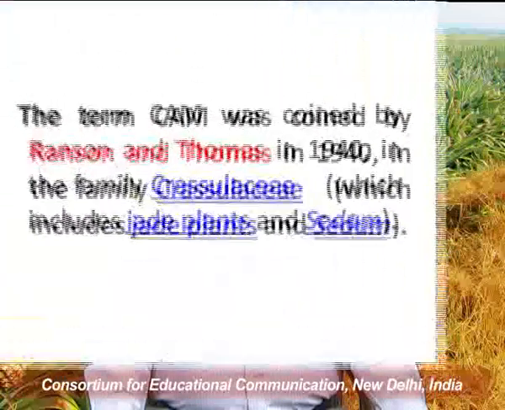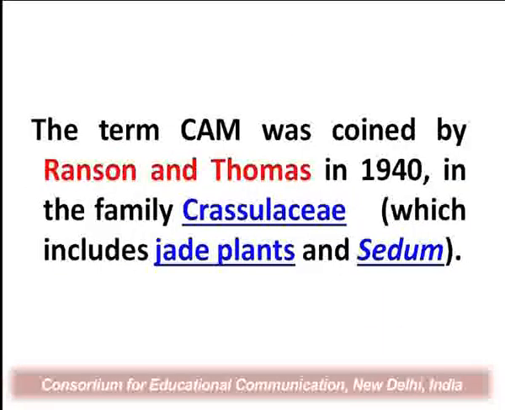The term CAM or Crassulacean Acid Metabolism was coined by Ranson and Thomas in 1940 because most of the work was done in members of the family Crassulaceae, which includes Crassula, which is the jade plant, and Sedum, which is the stonecrop, which is a lithophyte.